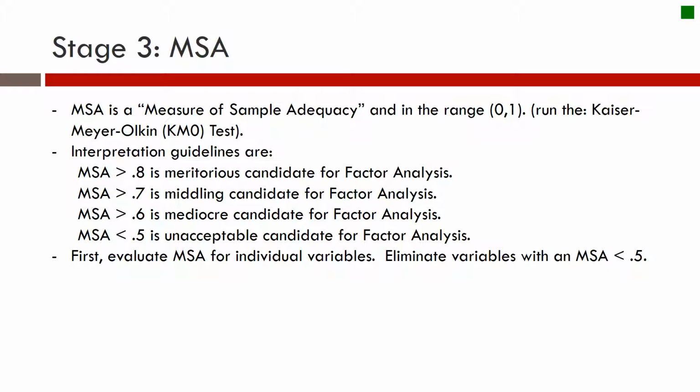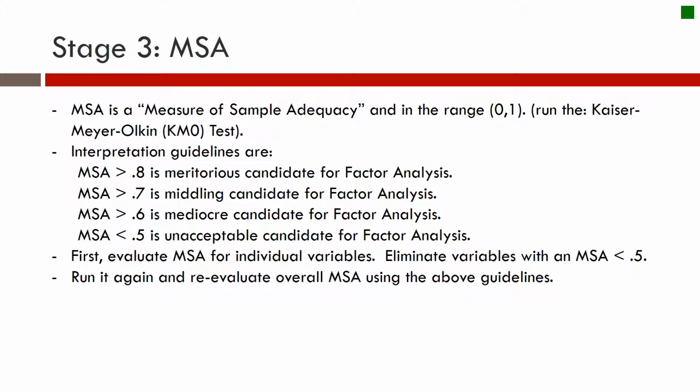And so this is an iterative process where we take each variable that's weak and we take it out and then run it again until all the variables have an MSA of above 0.5. So we run it again after we do our first MSA. We test again, and then we go from there.